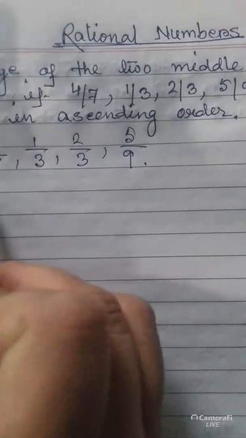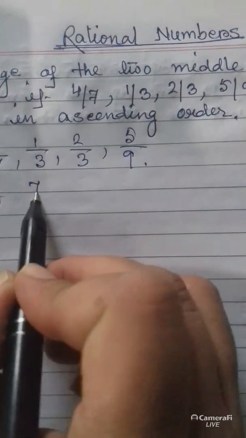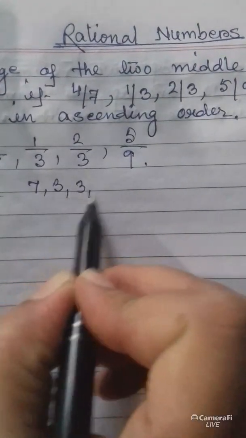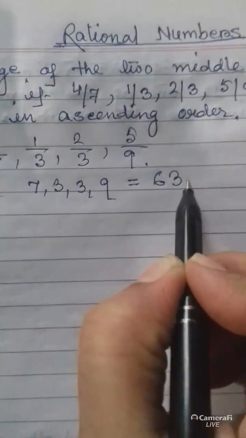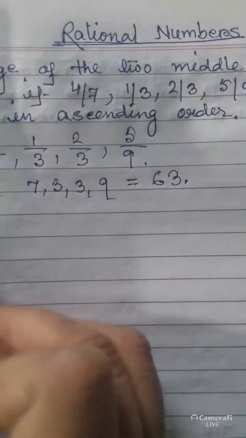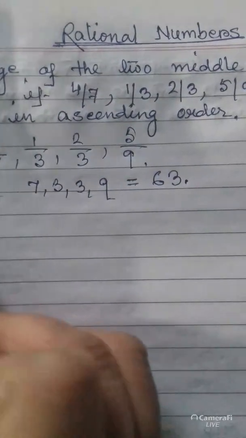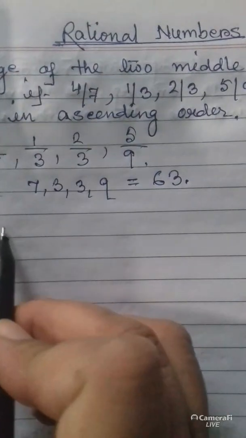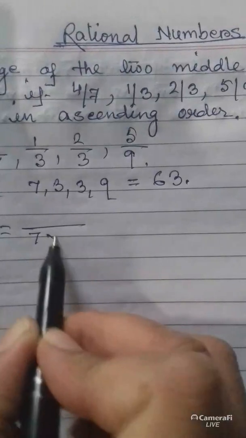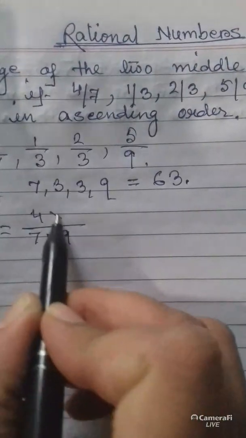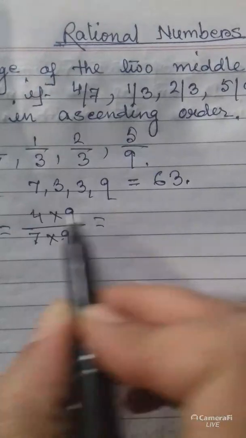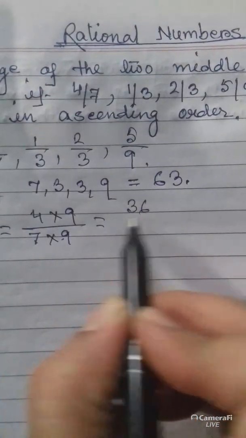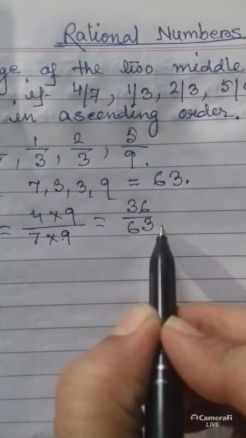The LCM of 7, 3, 3, 9 is 63. Now arrange them with the same denominator. 4/7 equals 4 into 9 over 7 into 9, that is 36/63.